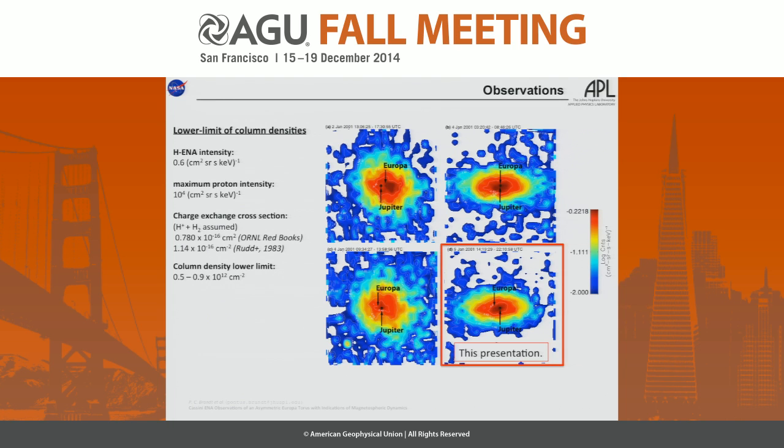And that lower limit will be in the range of about 0.5 to about 10^12 per square centimeter. And of course, it depends on what cross-section you're using. There are two cross-sections out there in the literature that will give some range to this. So this is an important takeaway point here. This is your lower limit from the INCA observations of the column density.